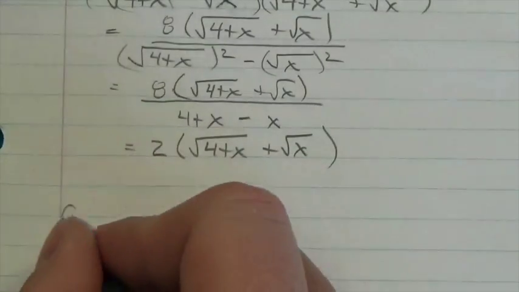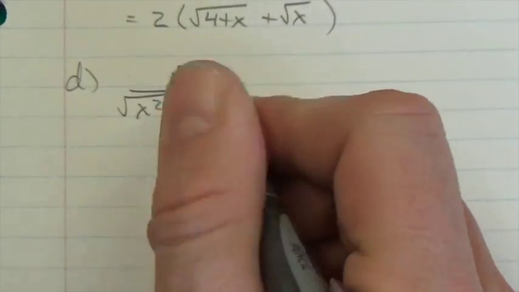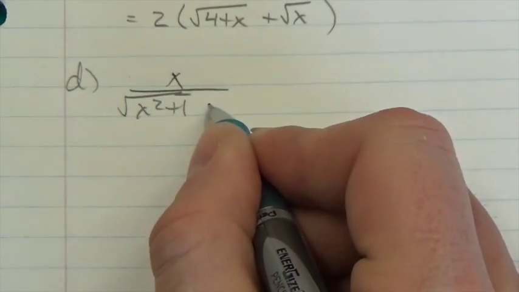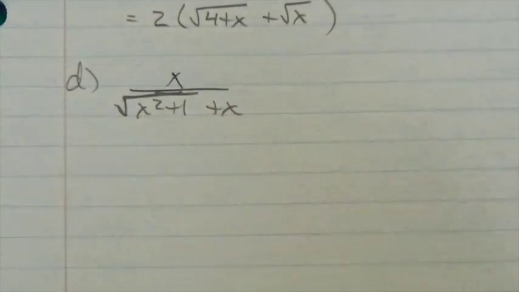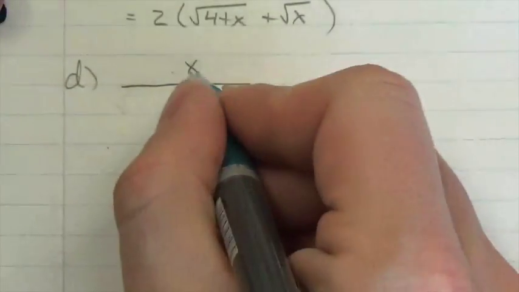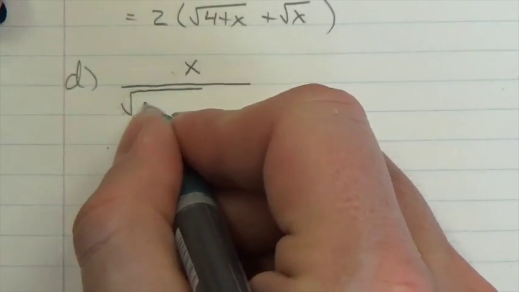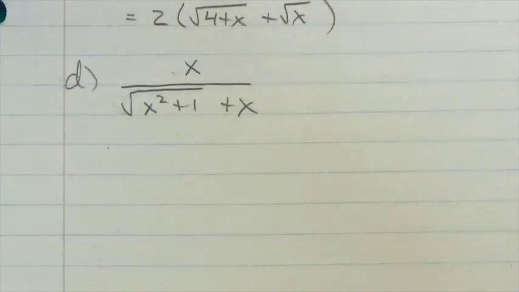Let's take a look at another one. x over the square root of x squared plus 1 plus x. Actually, I'm going to rewrite this one because I want the issue to be abundantly clear. So x divided by the square root of x squared plus 1 plus x.